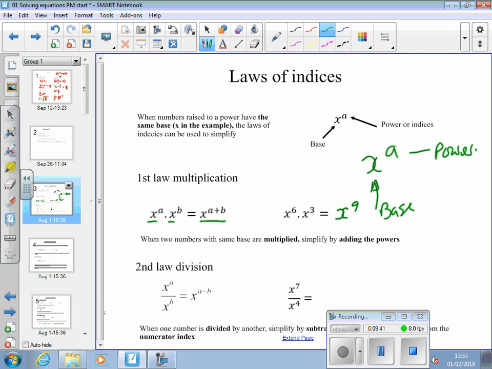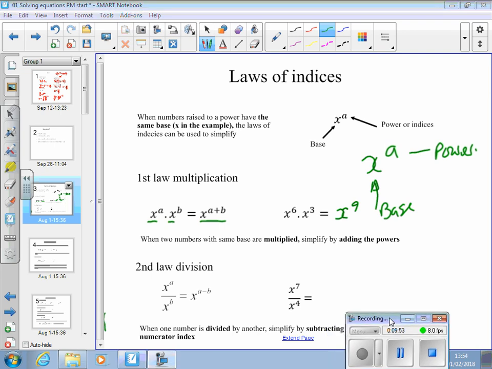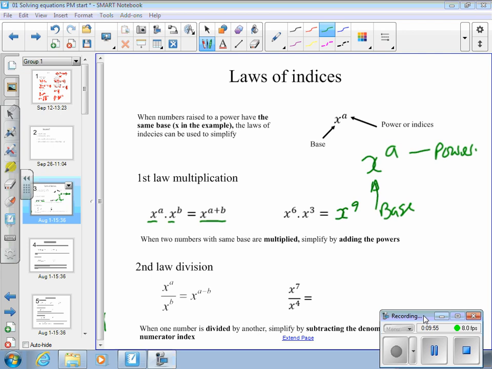Second law, for division. If we've got x to the a over x to the b, the result is x to the a minus b. So in the case of x to the 7 over x to the 4, the result is x to the 3.